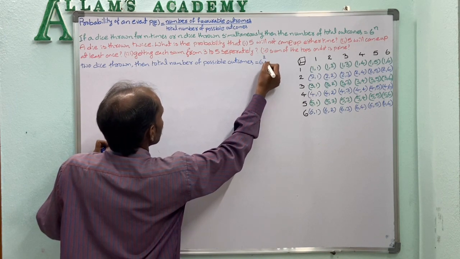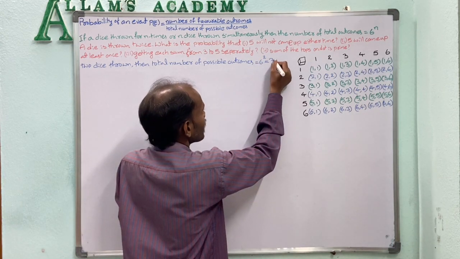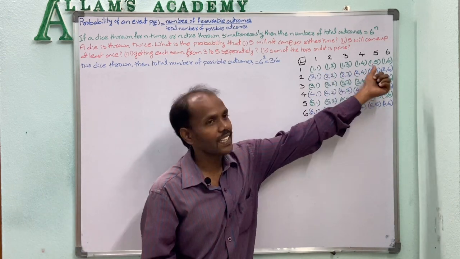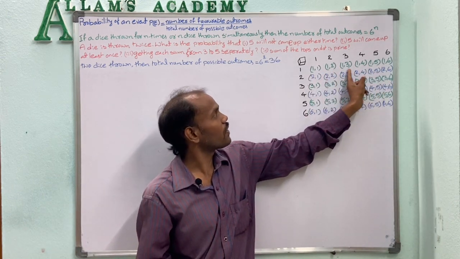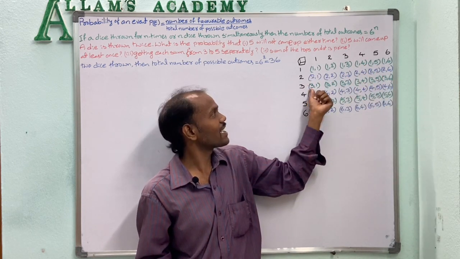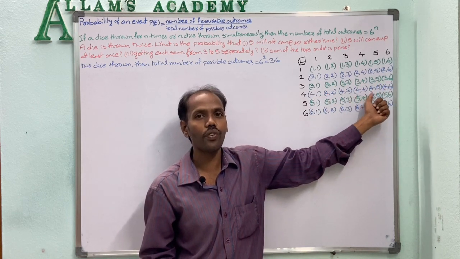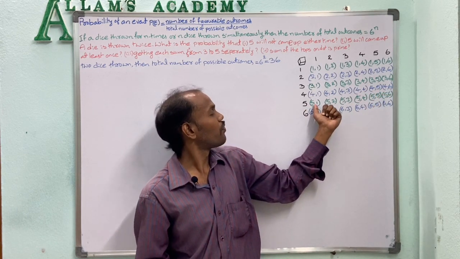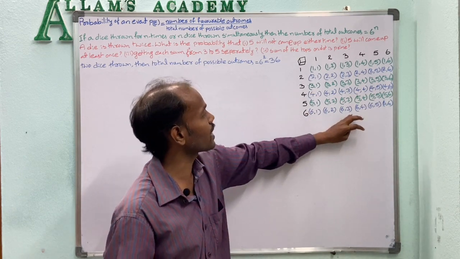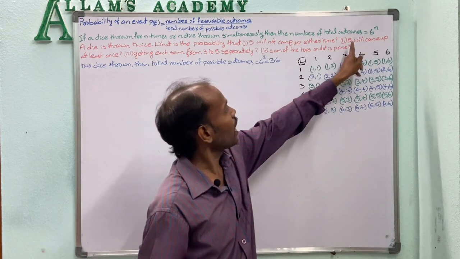So for 2 dice, that is 6 power n, which is 6 square, equal to 36. And the 36 possibilities we already wrote: 1 1, 1 2, 1 3, 1 4, 1 5, 1 6, 2 1, 2 2, 2 3, 2 4, 2 5, 2 6, and 3 1, 3 2, 3 3, 3 4, 3 5, 3 6, and 4 1, 4 2, 4 3, 4 4, 4 5, 4 6, and 5 1, 5 2, 5 3, 5 4, 5 5, 5 6, 6 1, 6 2, 6 3, 6 4, 6 5 and 6 6.